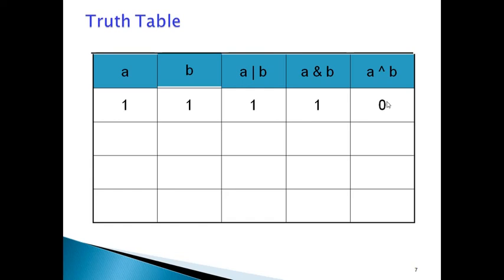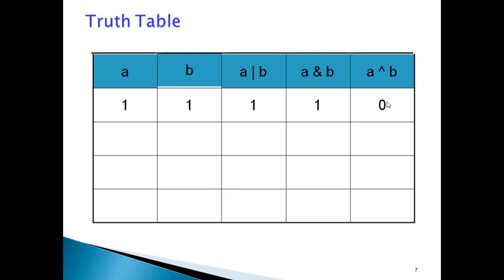AND operation: when both operands are 1, it gives the output 1. Exclusive OR operation: it gives output 1 when any one of the inputs is 1. And remember one more point, if both inputs are 0, it returns 0. If both inputs are 1, it returns output 0.